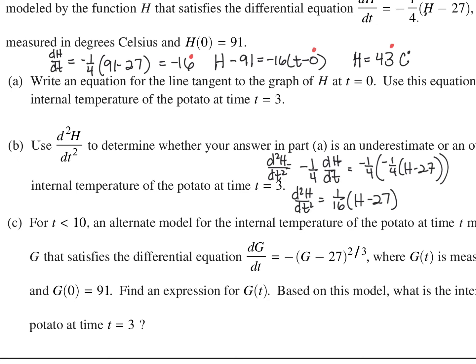So at t equals 3, well, let's think about the value of this function. What does this graph look like? Would it be like this? No, is it concave down, or no? It's actually concave up. It's because we didn't add the dH/dt, which messed us up. No, that's the second derivative.